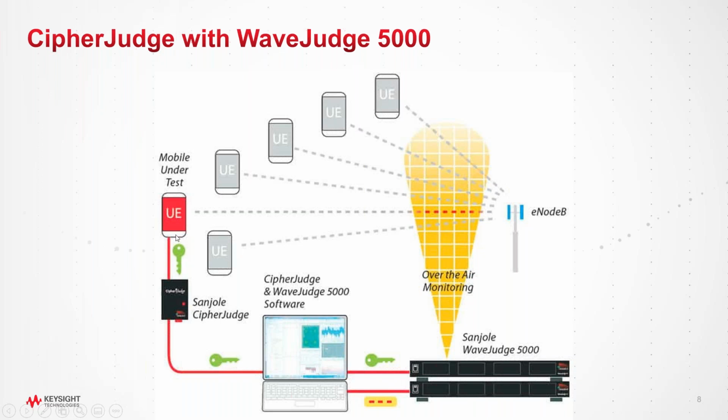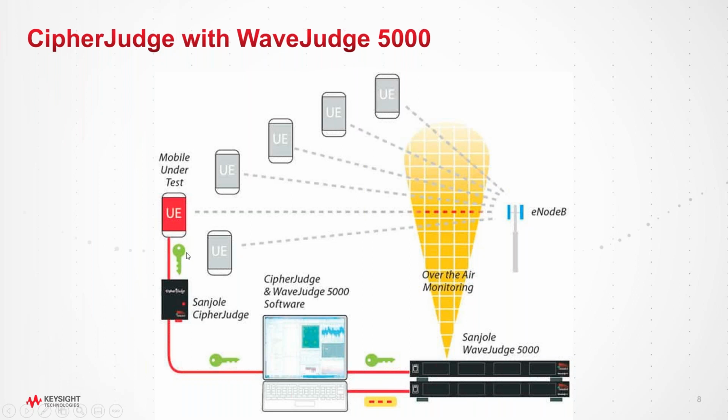There's an echo. I don't know if someone can fix that. Thank you. And then you plug the cable from the Cipher Judge directly into the slot where the SIM card fits in.